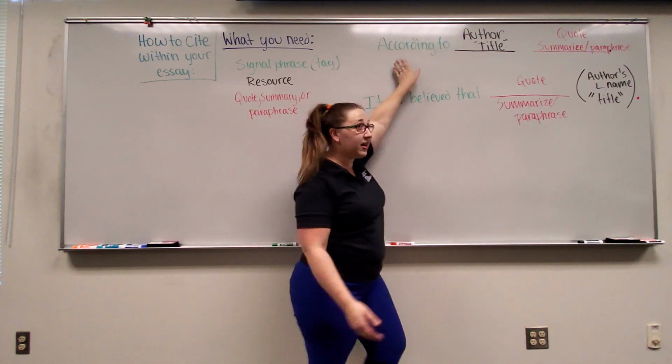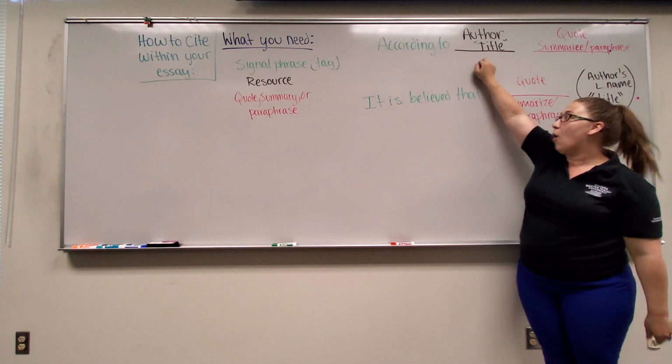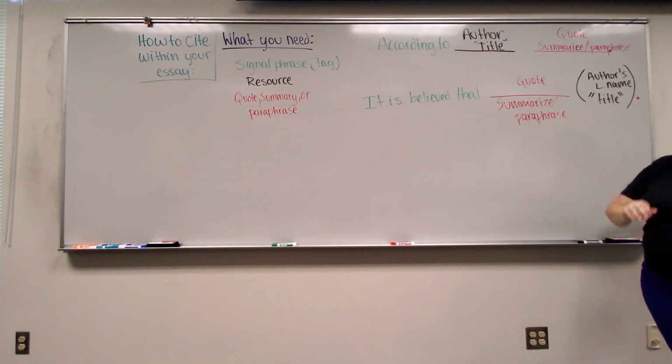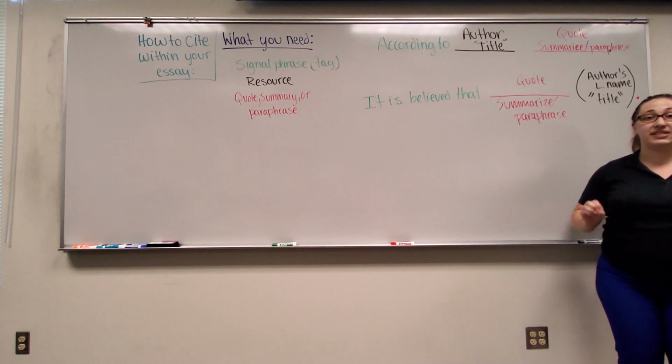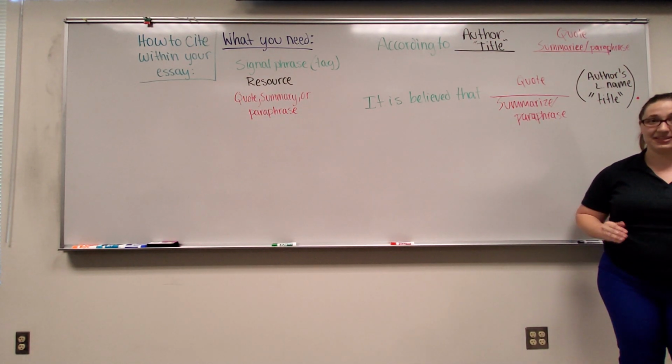Give us your tag, your signal phrase, and your resource in the sentence, or just give us the signal phrase. Just give us your quote, summary, or paraphrase, and then add the resource at the end. Either way is fine.